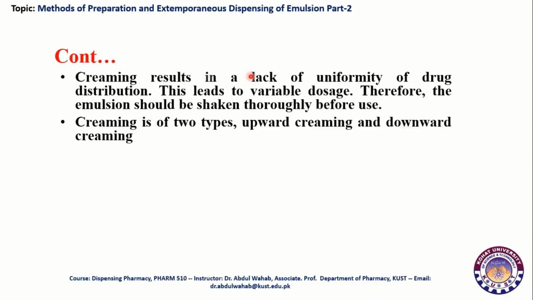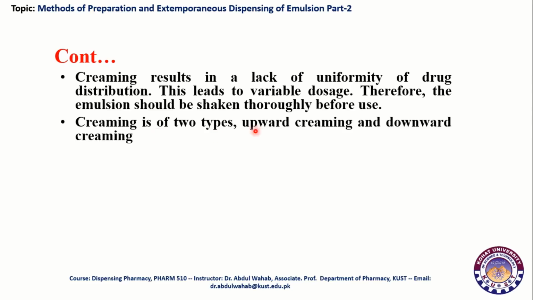Creaming results in lack of uniformity of drug distribution. This leads to variable dosage. Therefore, the emulsion should be shaken thoroughly before use. Why do we use the label? In the label we mostly write on the container of the emulsion: shake well before use.